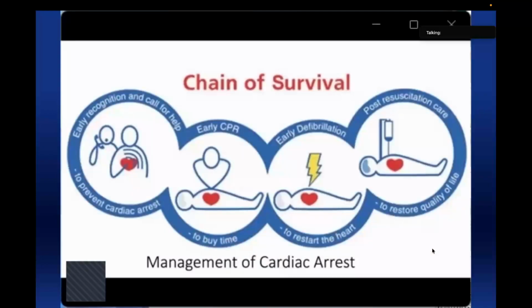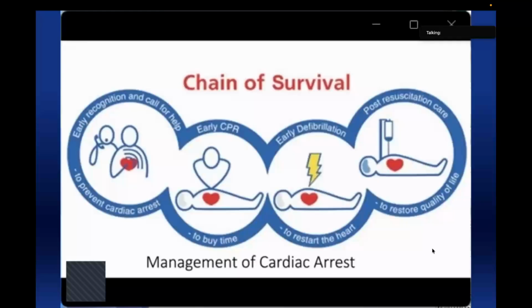Now, in terms of the management of cardiac arrest, the advanced life support team has this chain of survival to increase the survival rate of patients who just had sudden cardiac arrest. Early recognition is very important.